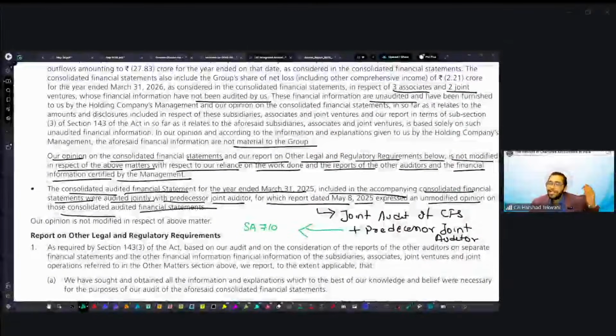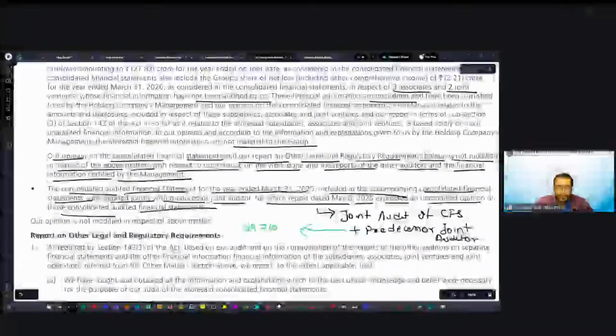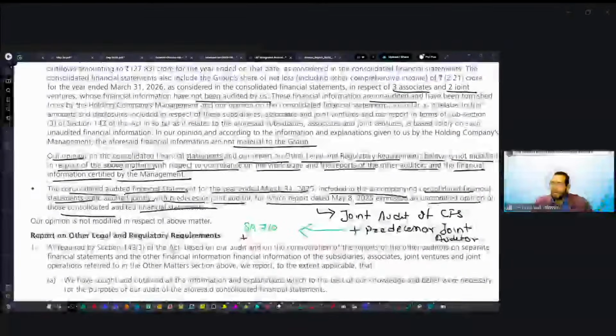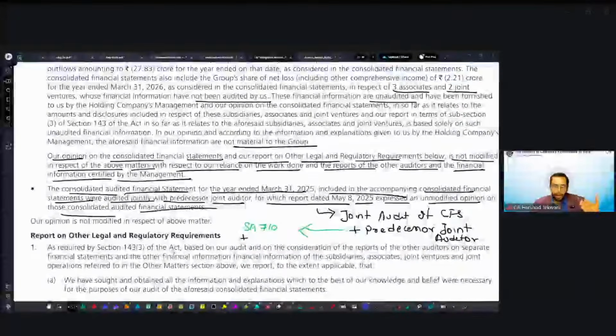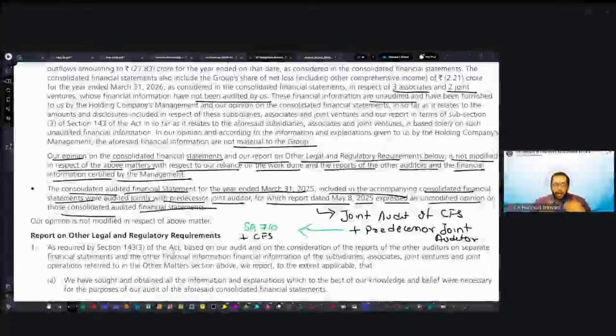So you learn what are corresponding figures, what are the comparative financial statements under SA 710. This is coming from there. So SA 710 plus something related to the CFS we are applying over here, and accordingly, this is coming into the picture.